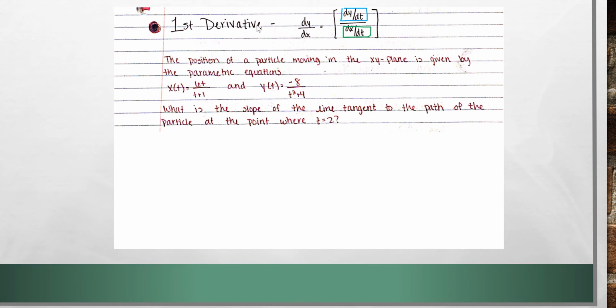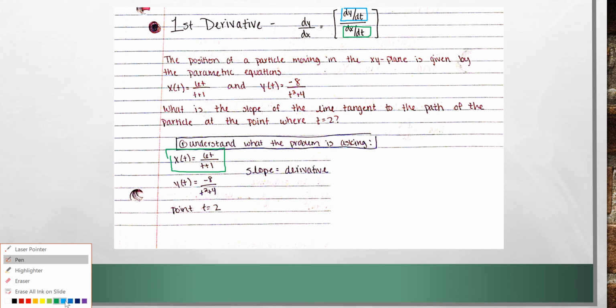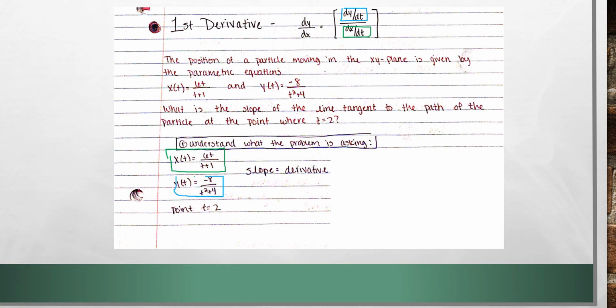The first step to solving this problem is to figure out what the problem is asking. So we have our x of t, 6t divided by t plus 1. We have our y of t, -8 over t squared plus 4. And we have our point, t equals 2.